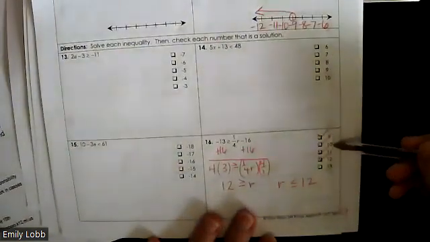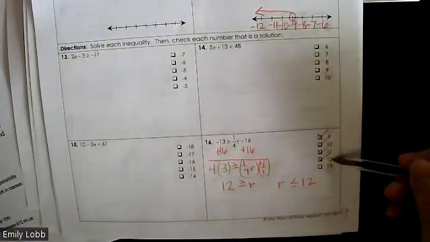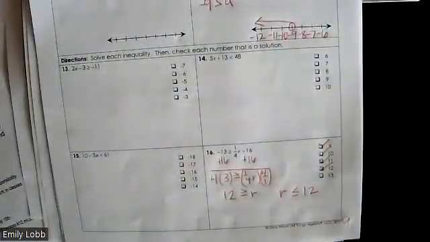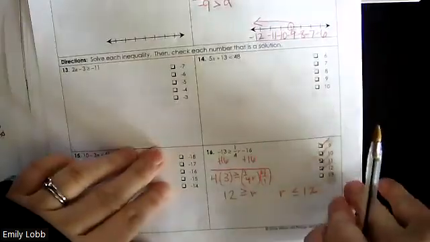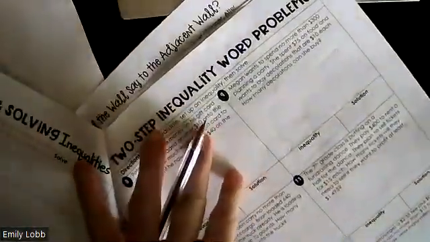So anything less than or equal to 12 works. 13 would not, because it would be greater than. You do have to use that brain power there. All right, so if you're missing some of those other ones, you can come back and complete those. We are moving to the super duper tricky parts.